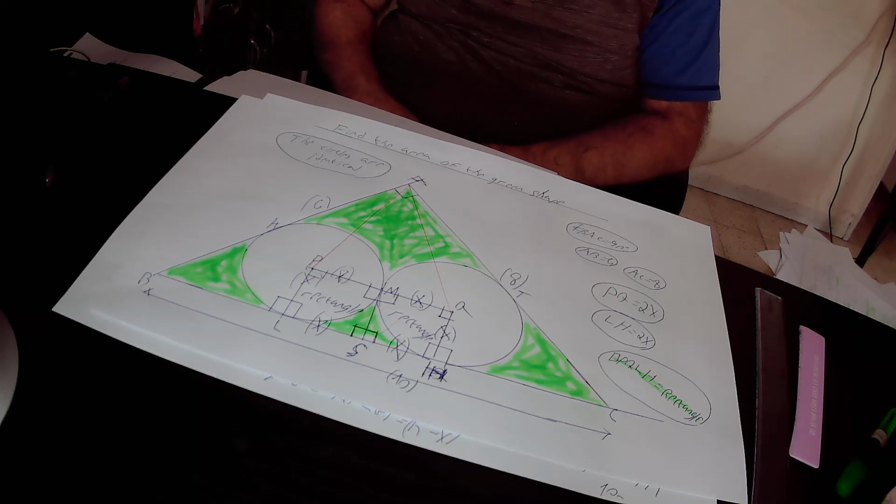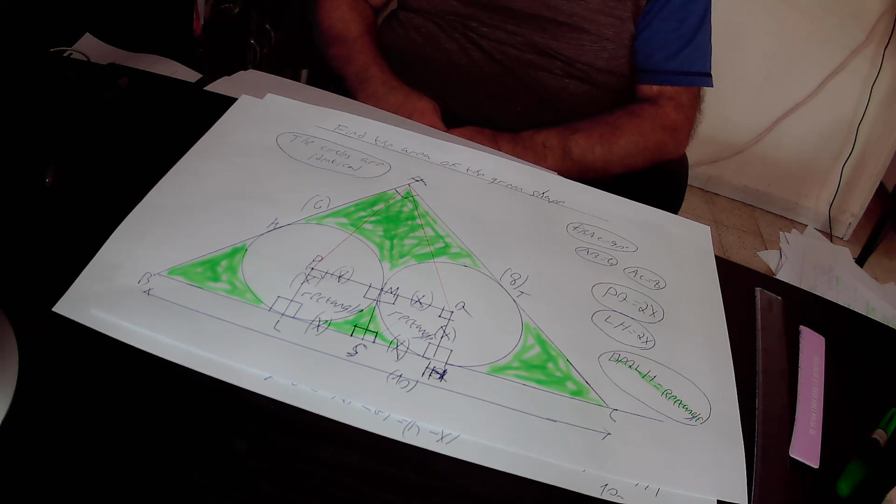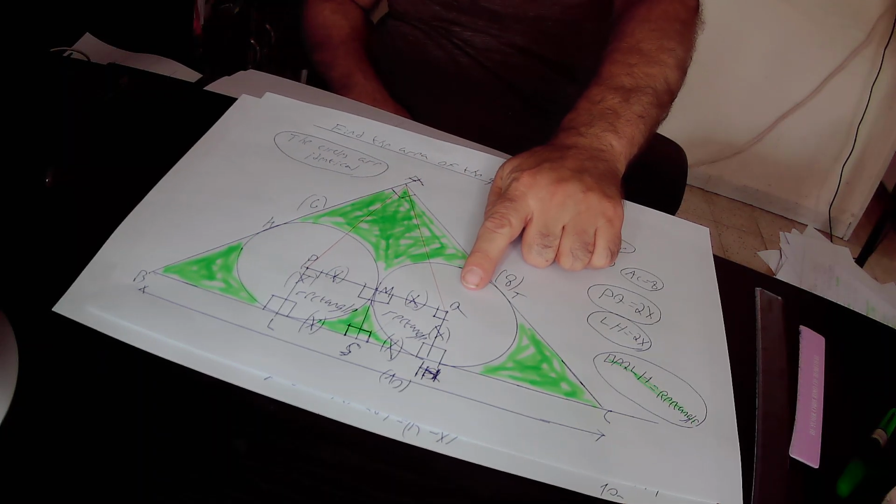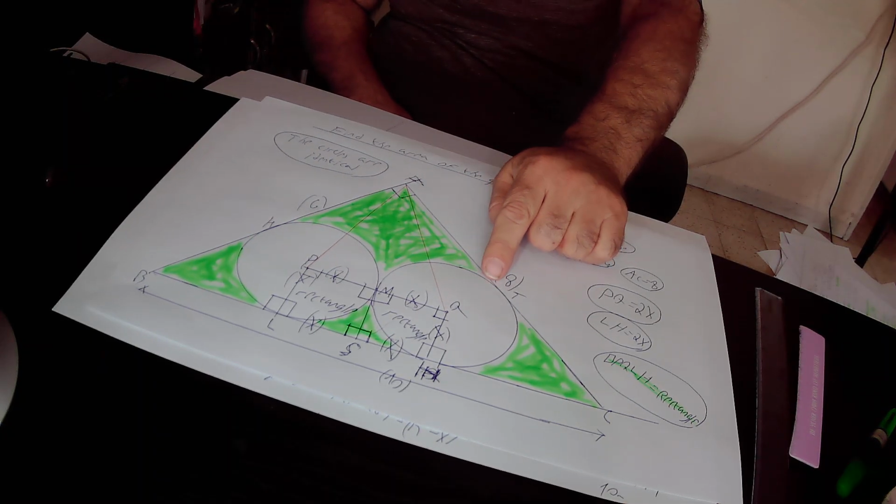In the next step, we define the center of this circle, this point, as point P. We define the center of this other circle as Q, this point.